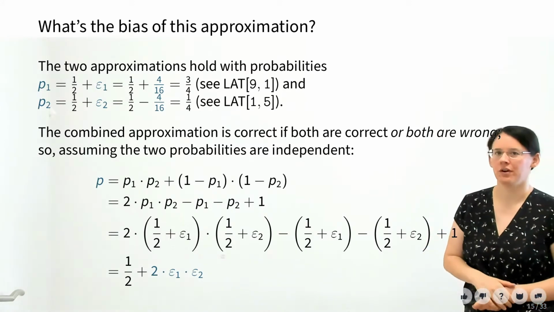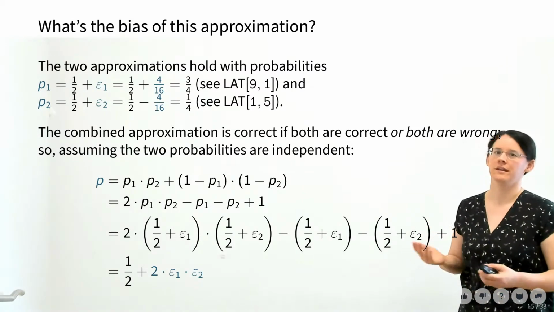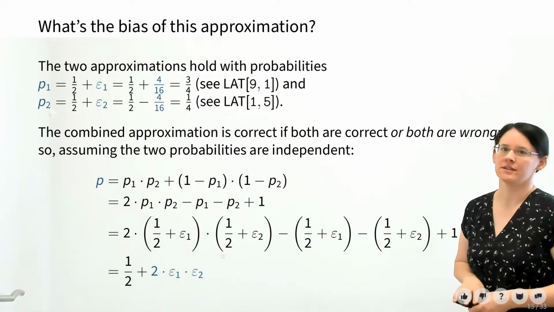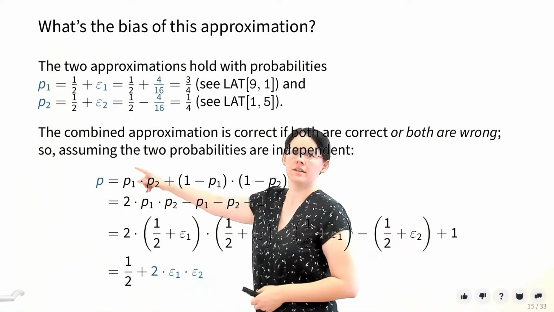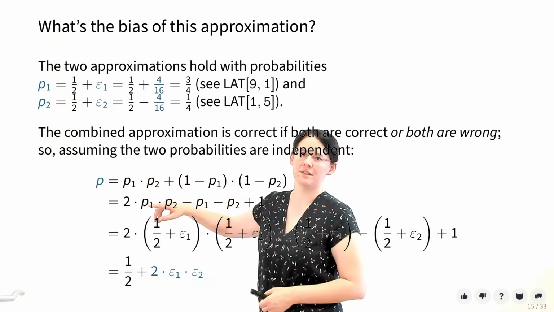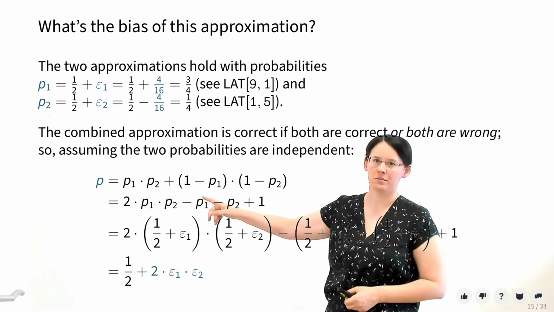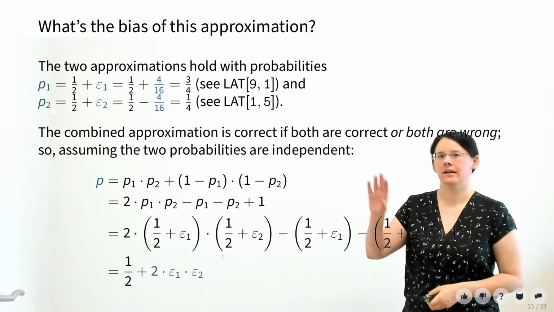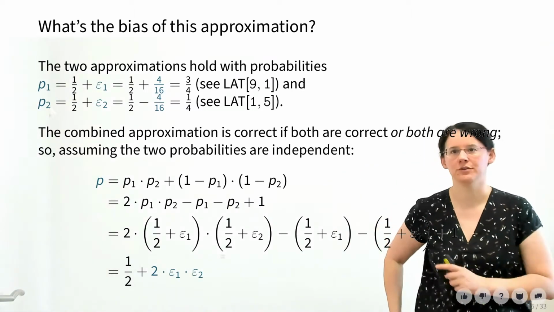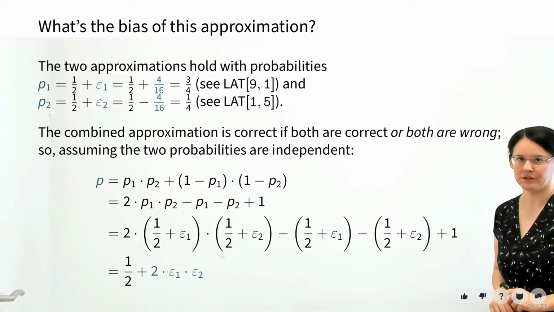So if they are both wrong, each of them produces a 1 as a result, but if I XOR the two ones together, I get also a 0. So in other words, the combined probability is not just the first probability times the second probability, but additionally also 1 minus the first probability times 1 minus the second probability. Now I can multiply that out, blah, blah, blah. I can also rewrite it in terms of biases afterwards.